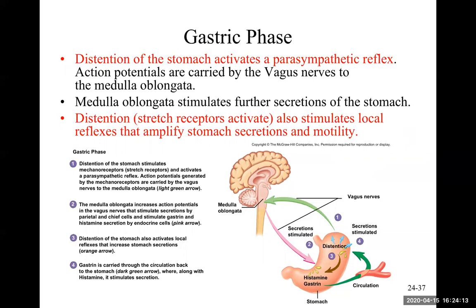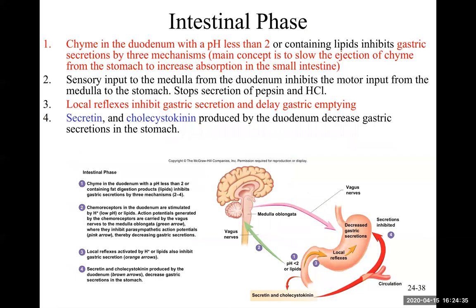Again, distension also stimulates local reflexes that cause the stomach secretions to increase and the motility to increase. The first two phases increase the activity and secretions of the stomach, so then it's all ready to mix and churn everything and to break down proteins.